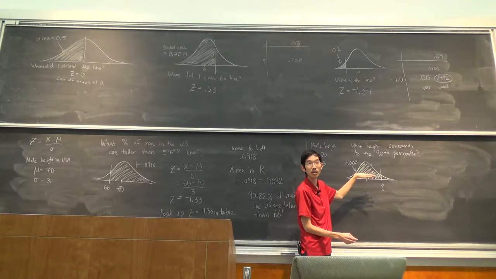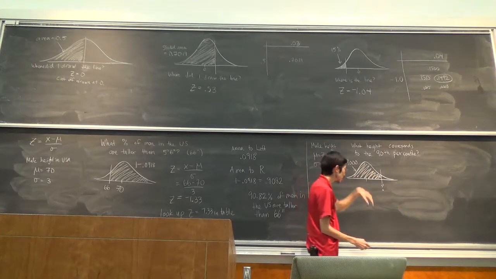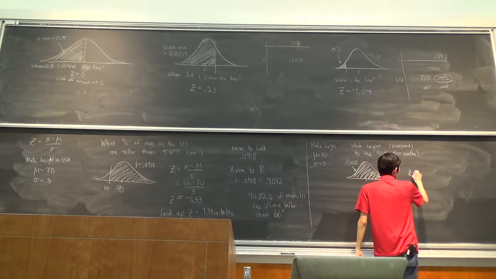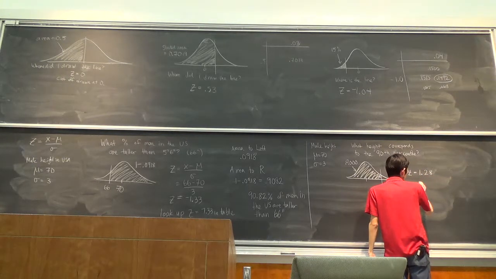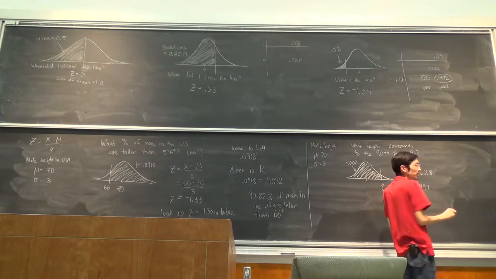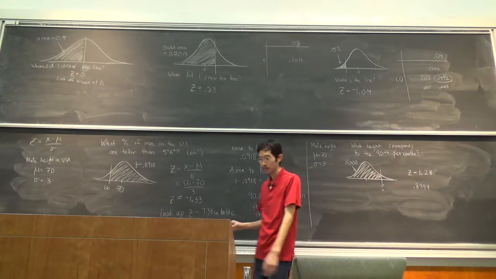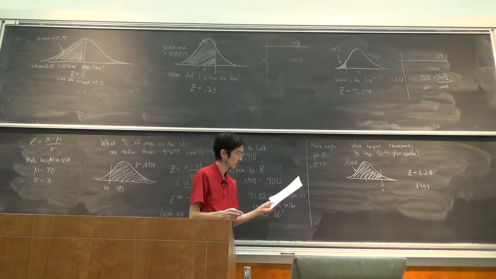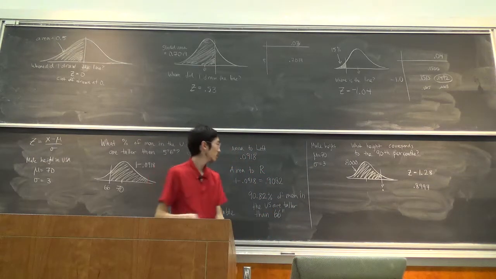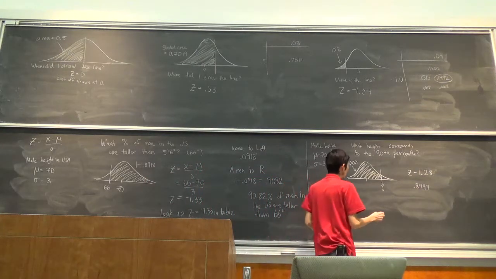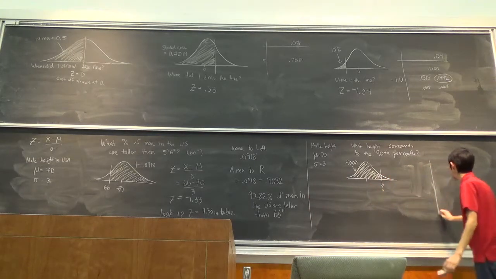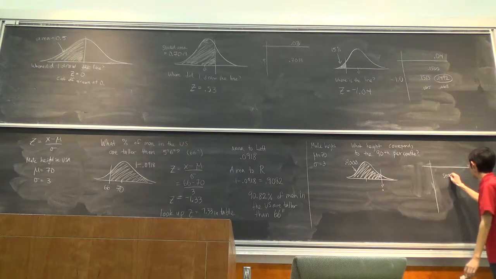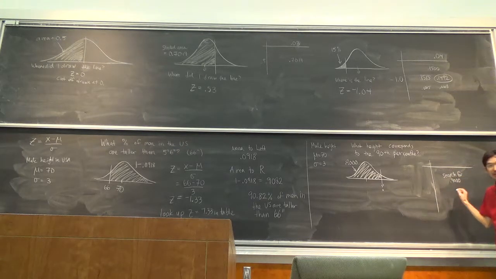So the z I get is z equal to 1.28. When I look at 1.28, the area I get is 0.8997. That's about as close as I'm going to get to 90%. When we go to the table, you are searching for 0.9000, or the thing that's closest to that.